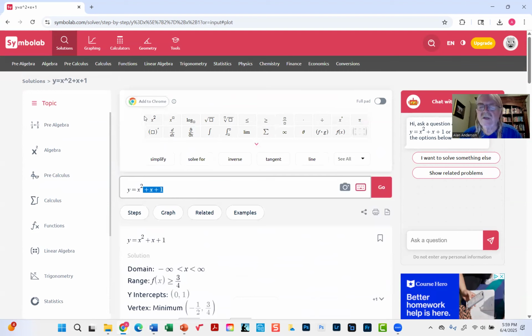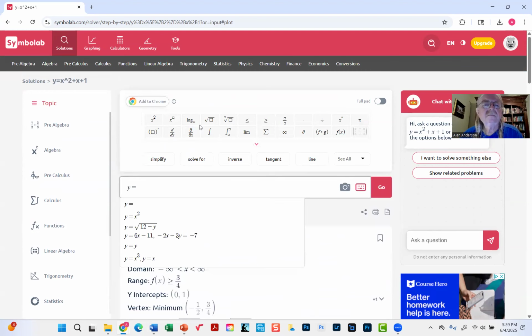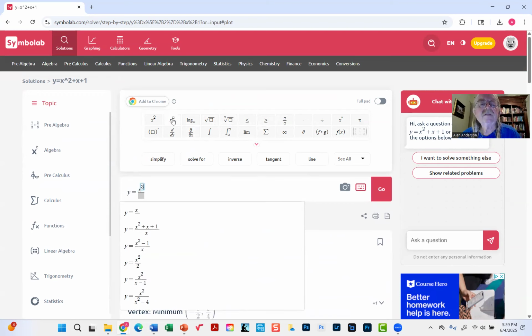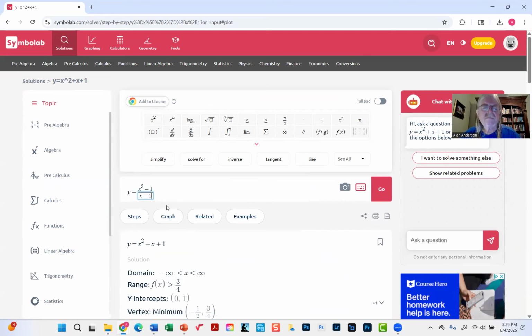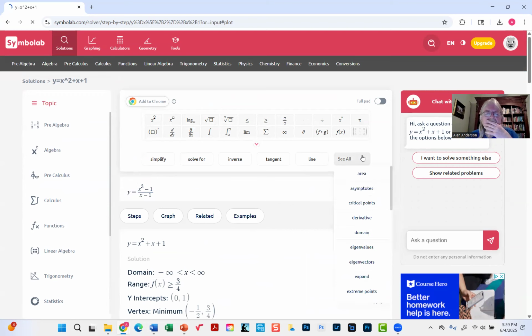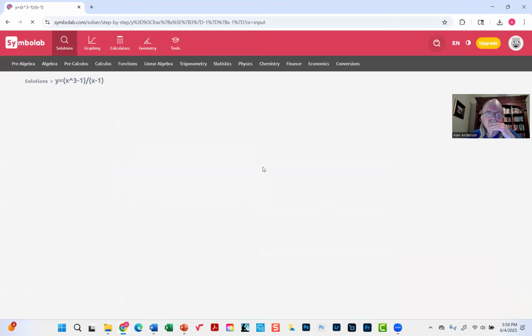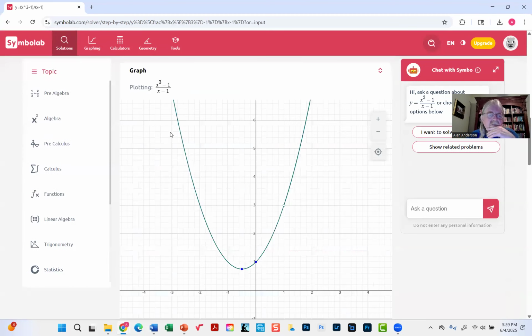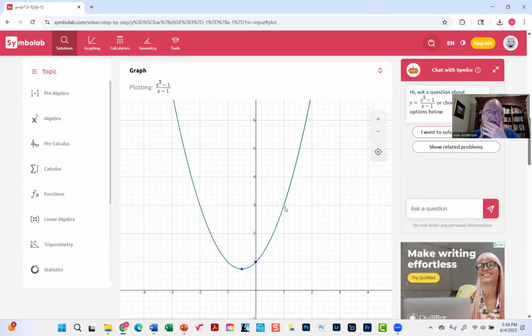Let me try this one more time, because there's supposed to be a hole in the graph at x equals 1 to indicate that we may not substitute that value into this function. It's possible that I overlooked something. Oh no, there it is. I didn't see that before. Maybe I didn't look at it carefully enough, but you can see there's this tiny little hole here.